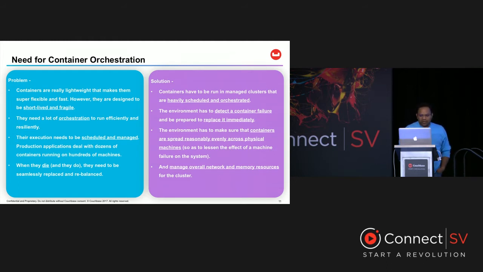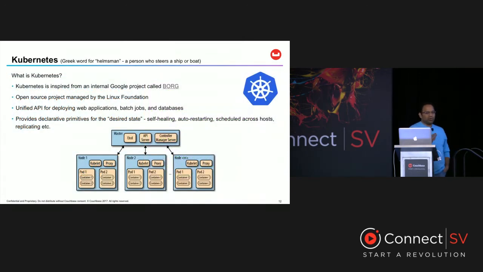So there are different frameworks for orchestration technologies. There is Kubernetes, there is Mesos. Kubernetes, as you guys might know, is becoming a de facto standard in orchestration now. We have been hearing about Kubernetes a lot, so let me talk a little bit about what Kubernetes is and where it comes from. The Greek word for Kubernetes is helmsman, a person who steers a ship or a boat.